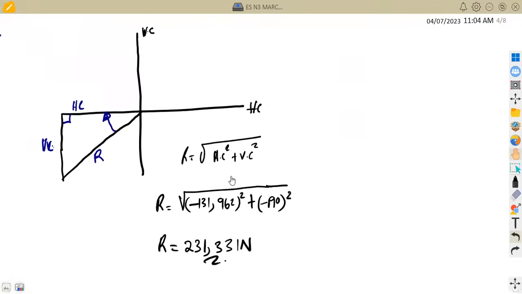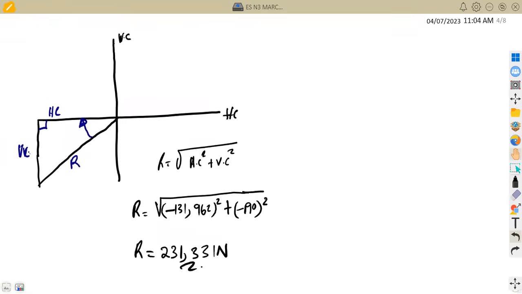Then we can calculate our angle, theta in this case, which is the angle between the horizontal and the resultant. So this is your theta. Our theta is taken from arctan of opposite over adjacent. The opposite is the vertical component and the adjacent is the horizontal component.